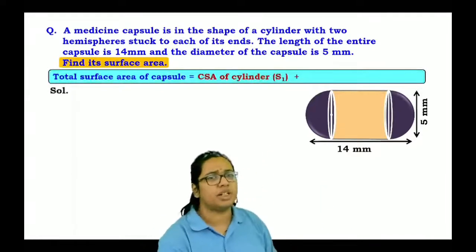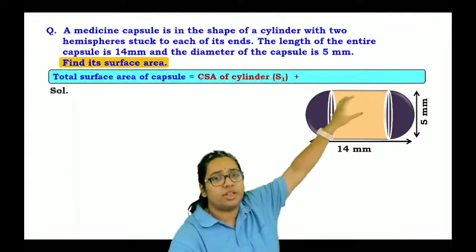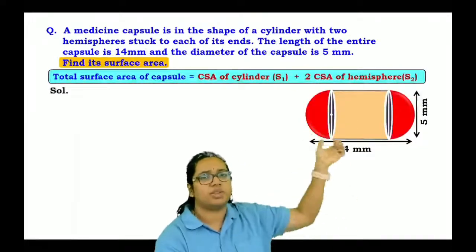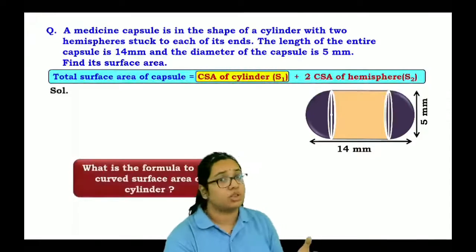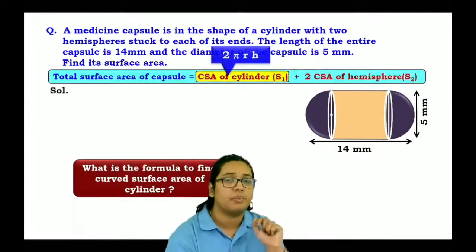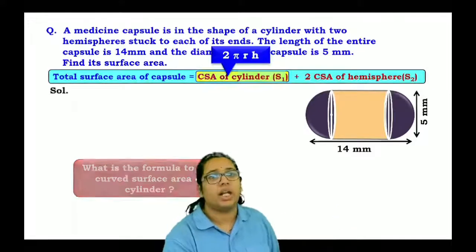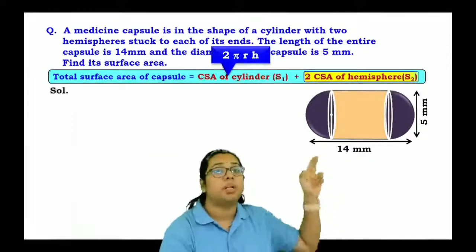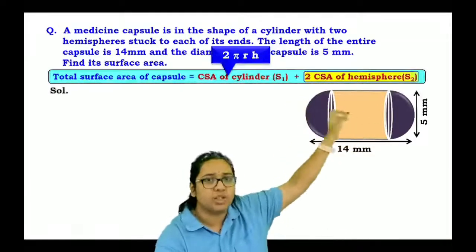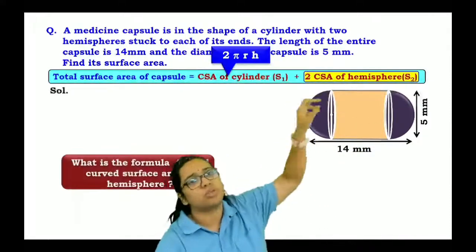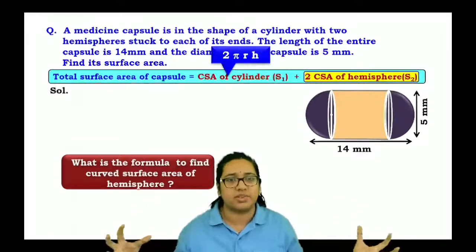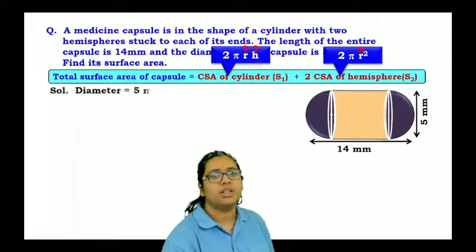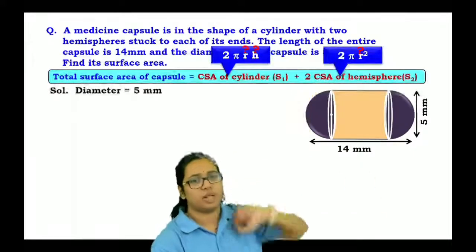Total surface area is the curved surface area of the cylinder plus 2 times the curved surface area of the hemisphere. Curved surface area of the cylinder is 2 pi r h, and for the hemisphere the curved surface area is 2 pi r square, but we have to consider it for 2 times, which is 4 times pi r square.